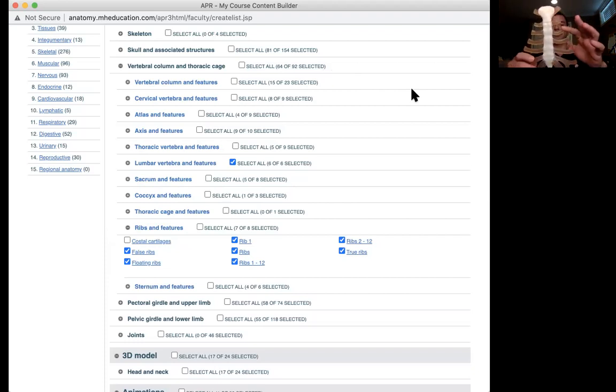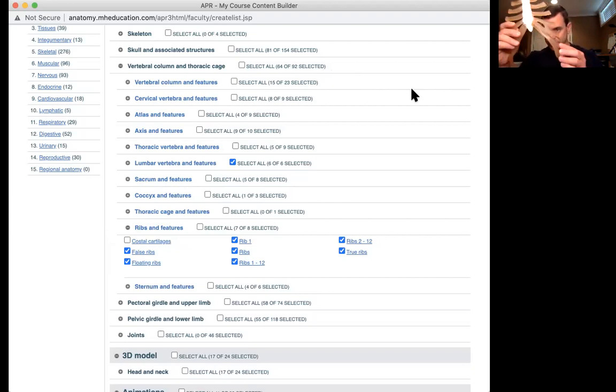Ribs 1, 2, 3, 4, 5, 6, 7 all directly attach here to it. 8, 9, and 10 are your false ribs. They all attach into the cartilage of the last true rib. And then the last two we have are the floating ribs, and they're down there at T11 and T12.